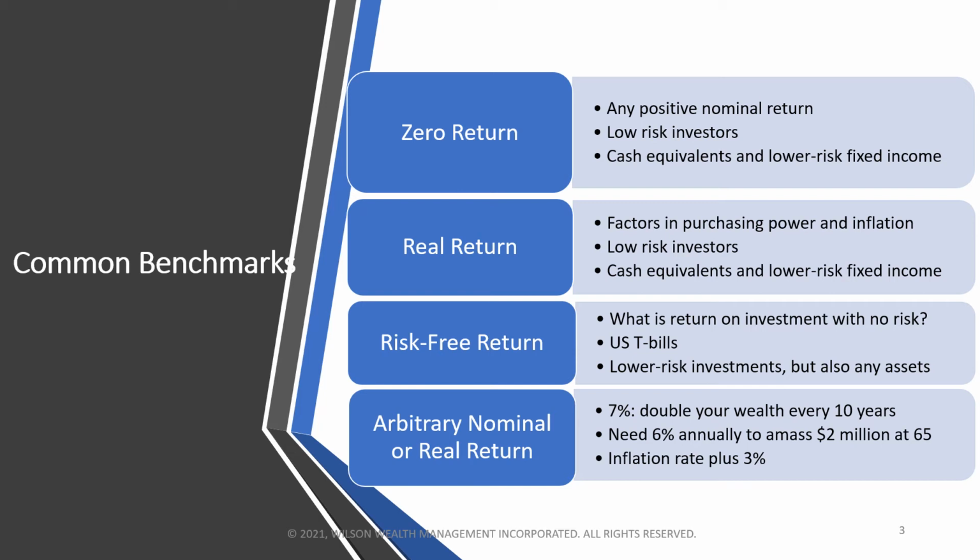And so that tends to be factored in for most people as well. 0 isn't the right number. Maybe inflation is better, but the risk-free rate is better still. And again, like with zero returns or the real return or the risk-free rates, that's probably better suited to people that are in lower risk investments. But it's also a good ballpark just for any investment.